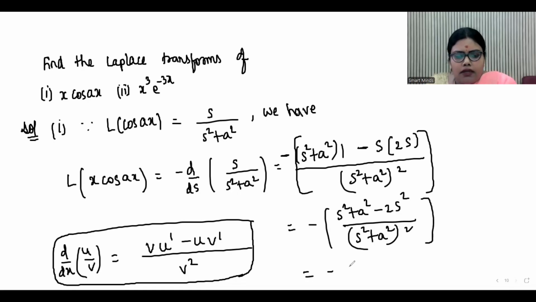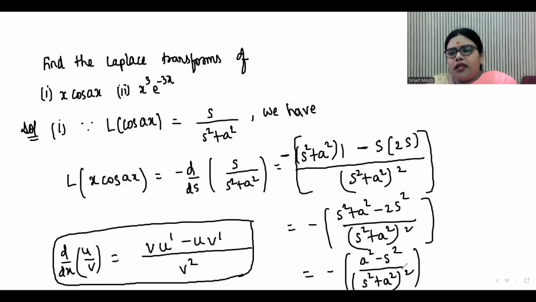So that is minus of (a square minus s square) by (s square plus a square) whole square. If you take this minus inside, you will get (s square minus a square) by (s square plus a square) whole square.